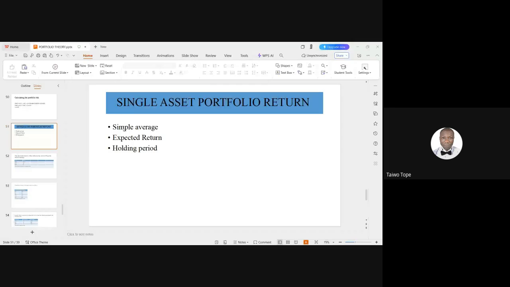So you can use the past data and look for the arithmetic mean, to be able to come up with a value of return. For example, you can have returns over 3 years.